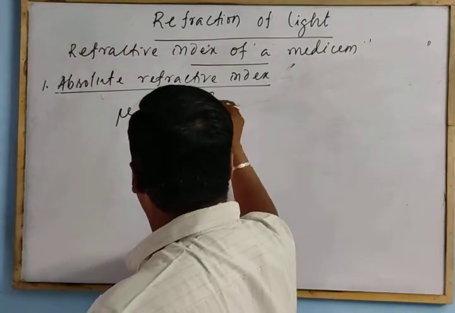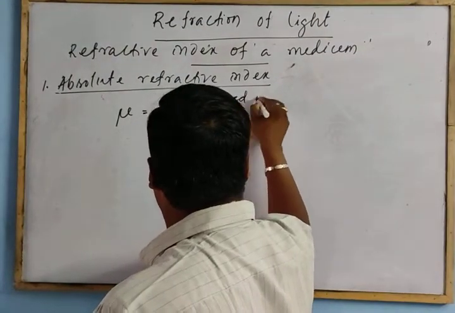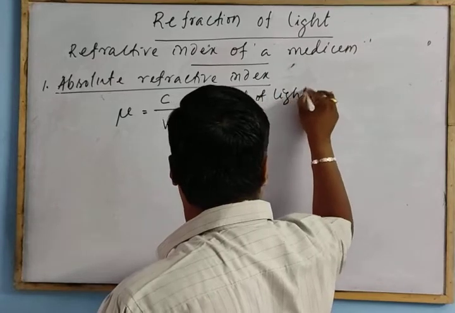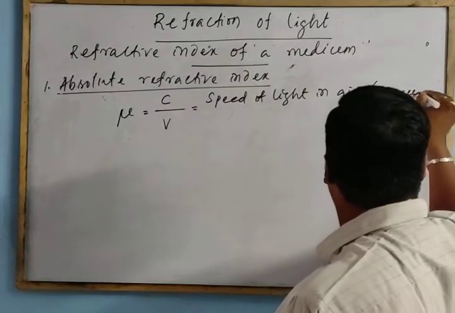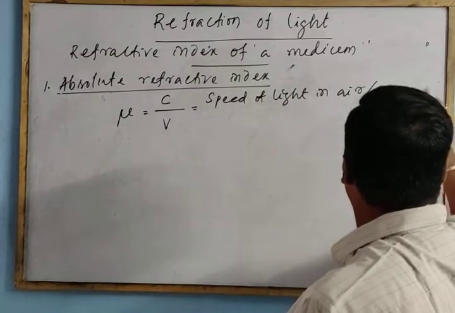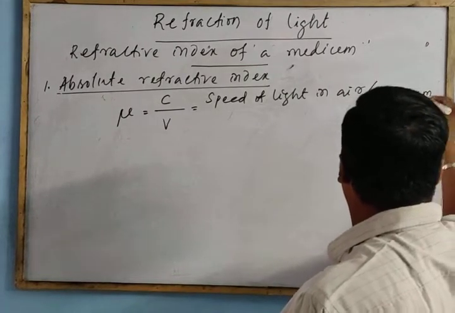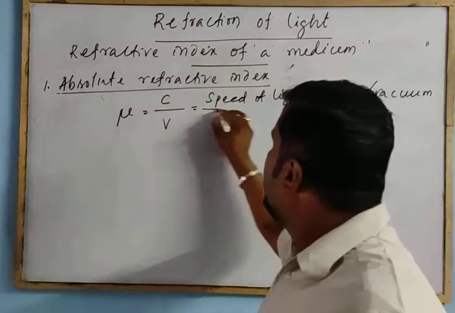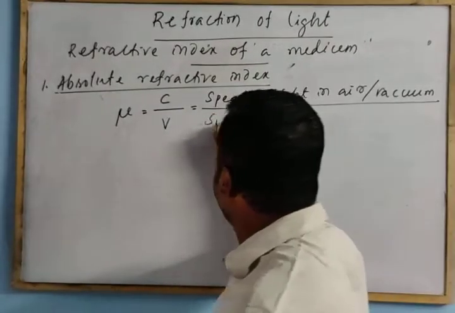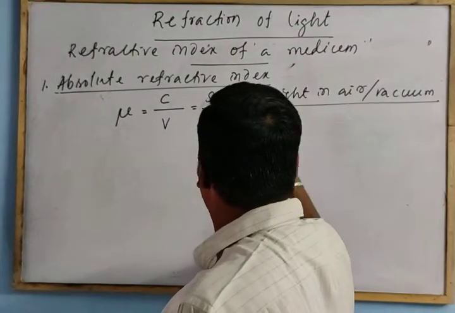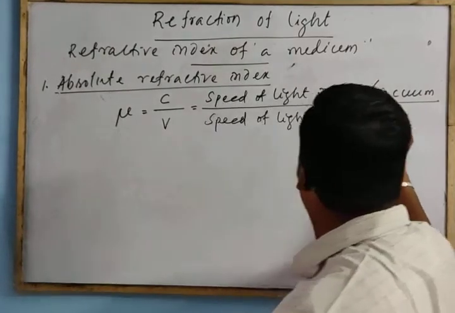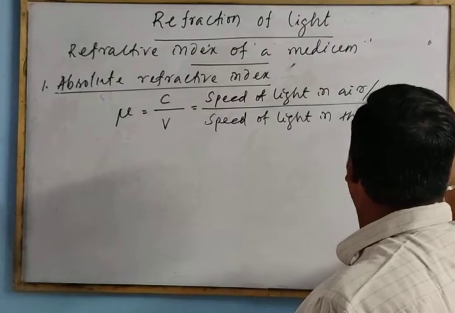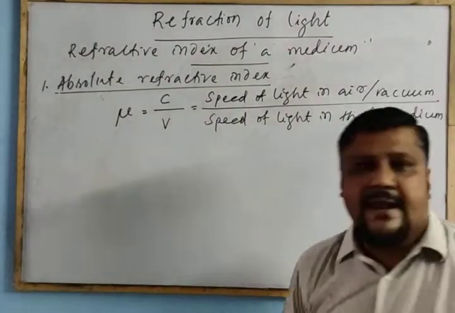So this is the speed of light in air, or we can say the vacuum, to the speed of light in that medium for which we are calculating the absolute refractive index.